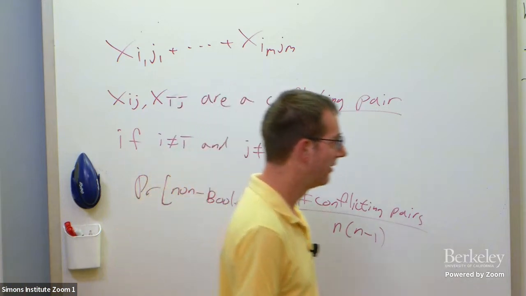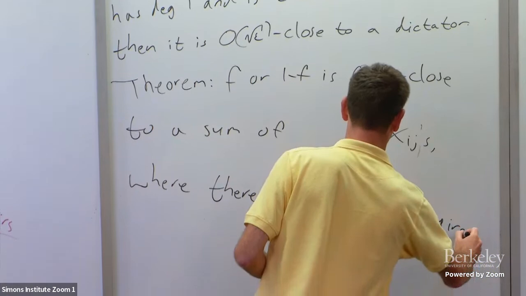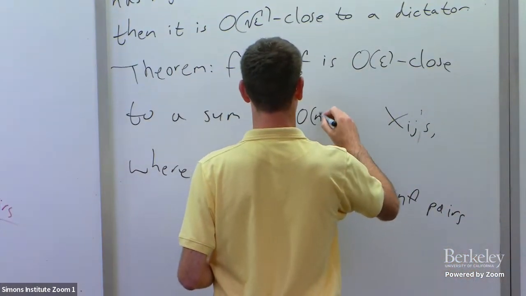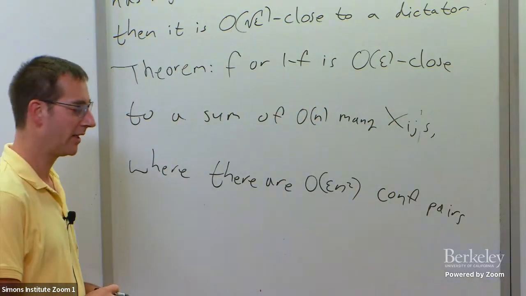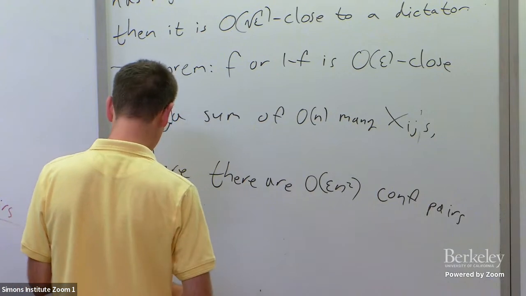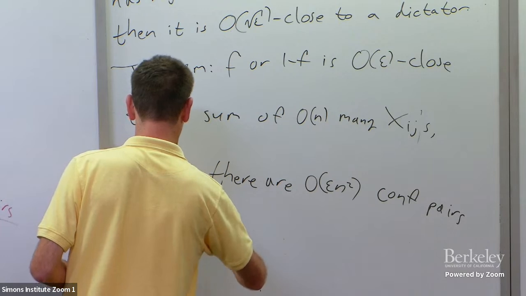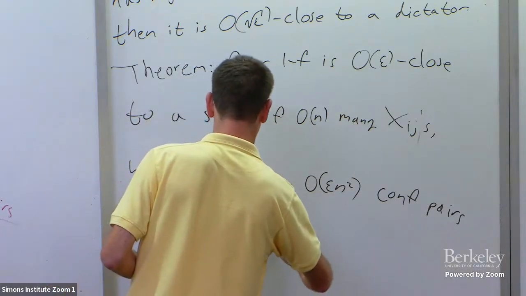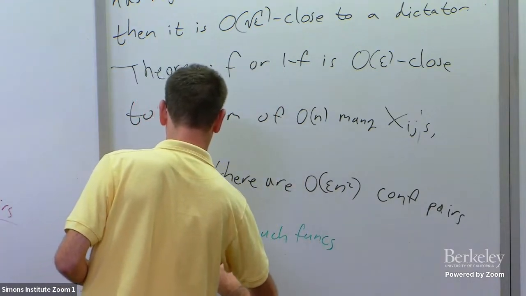So we want there to be order epsilon n squared conflicting pairs. And there's another technical condition that there are only few of these x_ij's, only order n many. And moreover, all such functions are order epsilon close to Boolean.